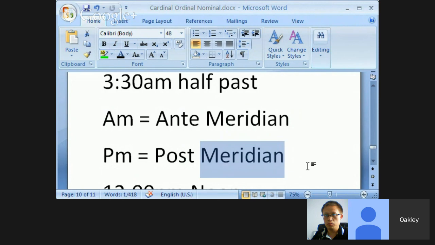Meridian refers to the point when the sun is directly above us in the sky at its highest point. So this all refers to noon. Post, of course, always means after. So after noon, and ante meridiem means before noon.